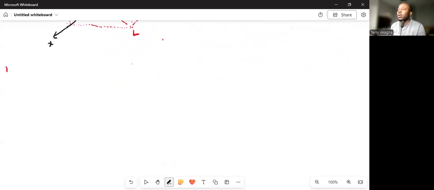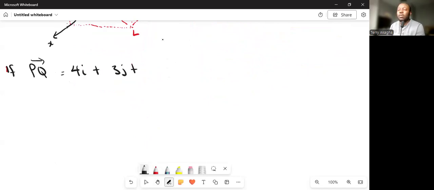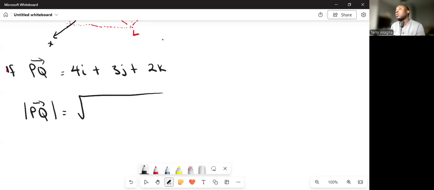If we're told that vector PQ has the components 4i plus 3j plus 2k, and you were told to find the magnitude of PQ, what you do is: it's equal to the square root of 4 squared plus 3 squared plus 2 squared, and that will give us the square root of 29.